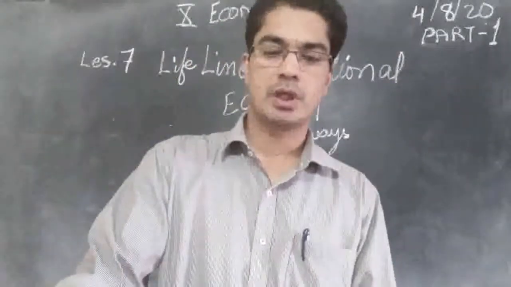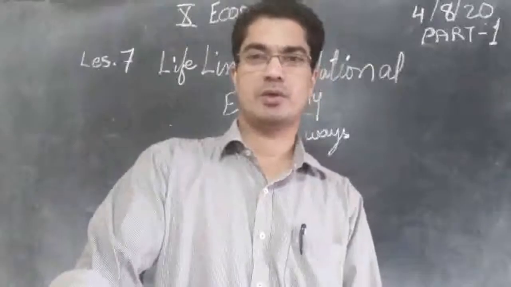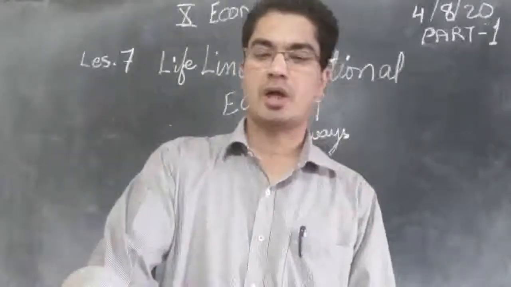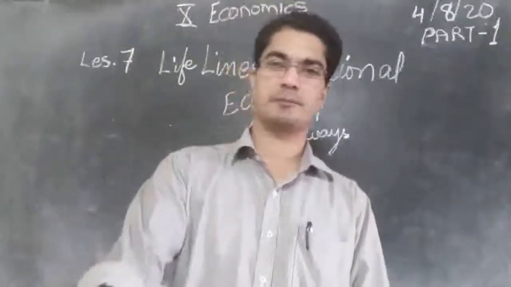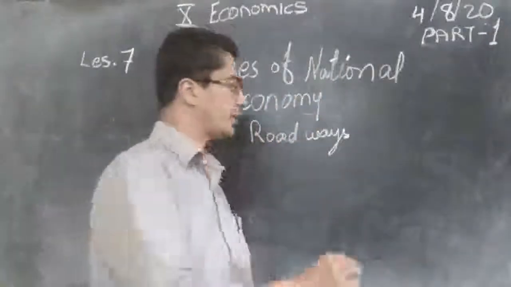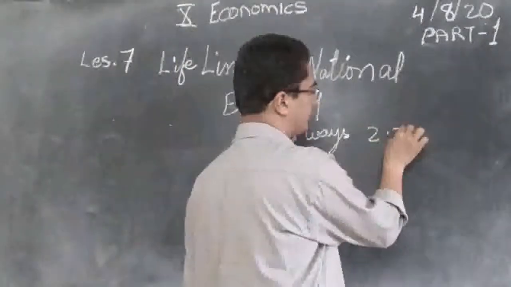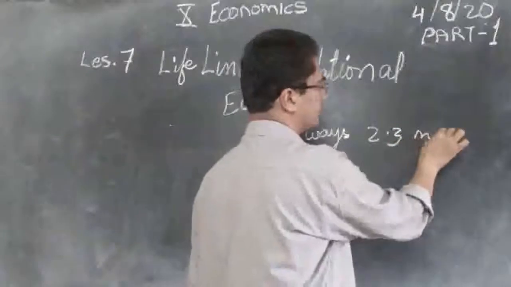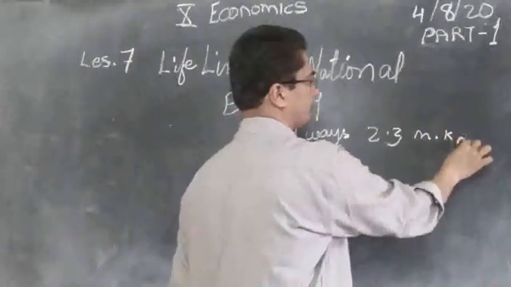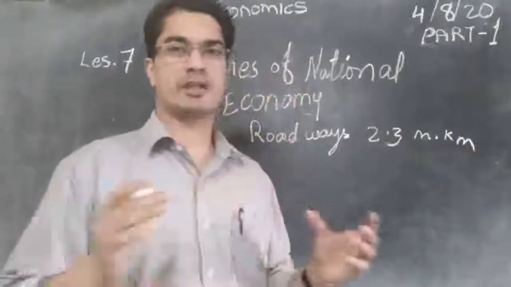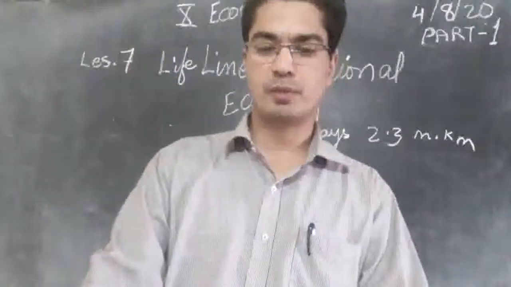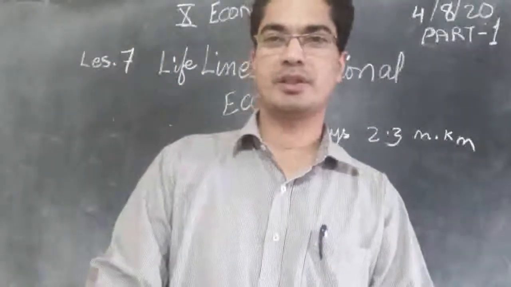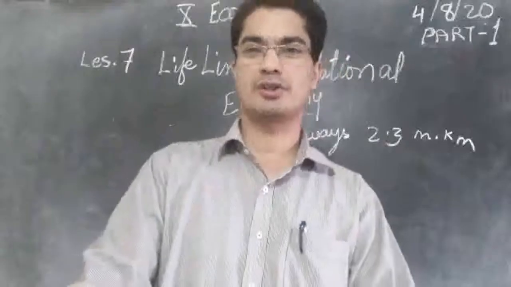And if you put all the roads in our country together, how many kilometers long will it be? It will be 2.3 million kilometers. So the total length of the roads in India will be 2.3 million kilometers if you measure all the roads in our country.